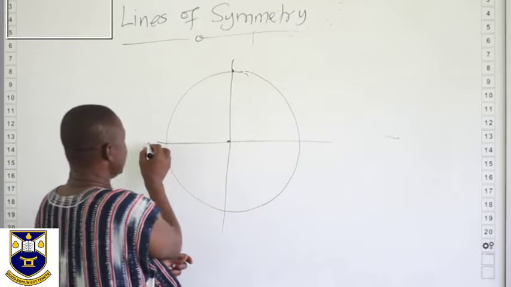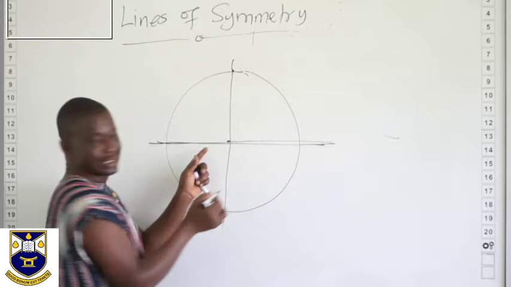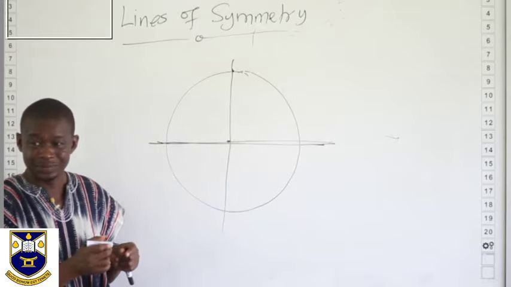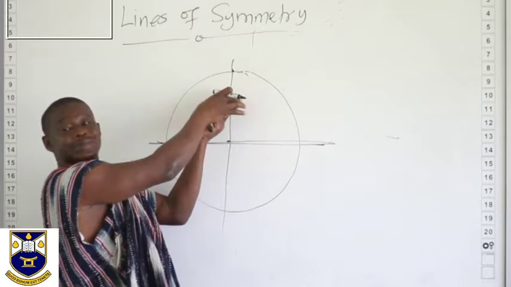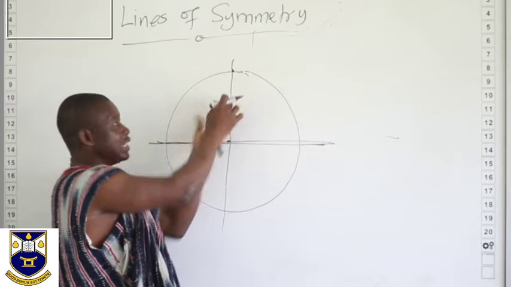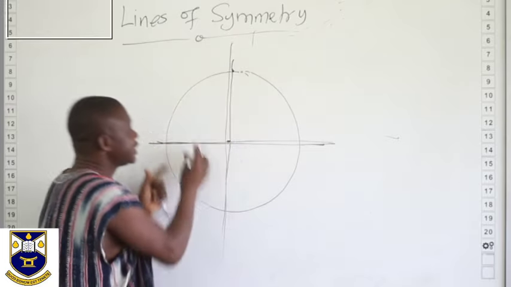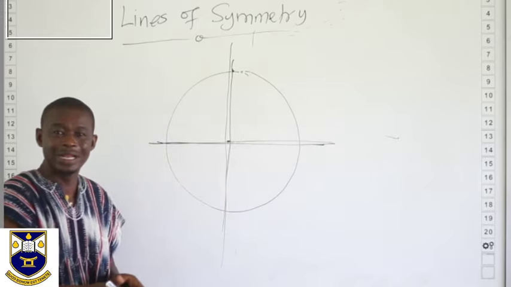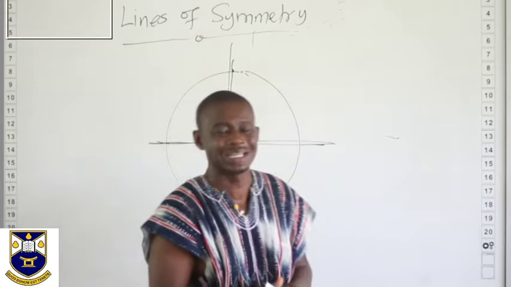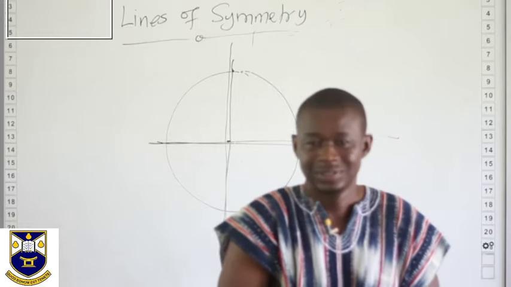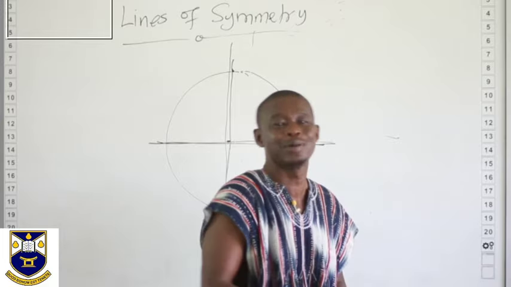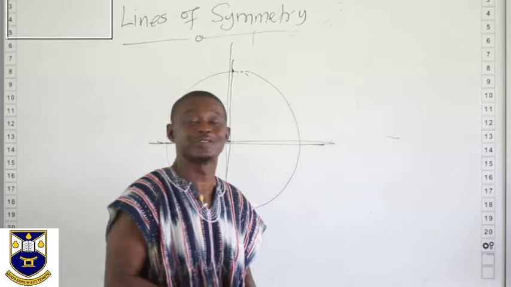Because if I draw this line here, which later on you know is called a diameter, the half here is the same as the half here. Now if I draw it this way too, it's the same thing. What we have here is the same thing we have over there. So how many lines of symmetry do you think a circle can have? In fact, the circle can have an uncountable number of lines of symmetry.